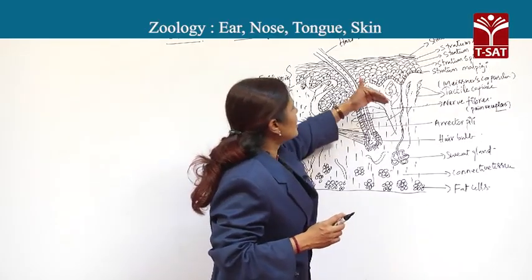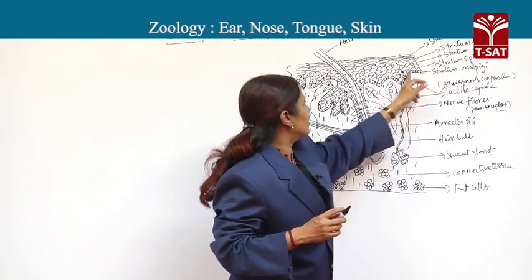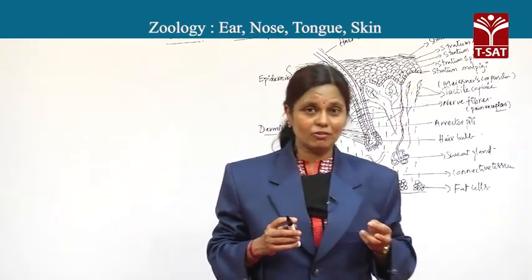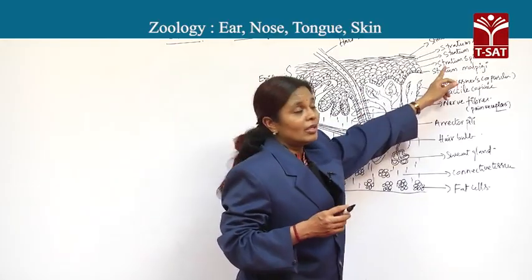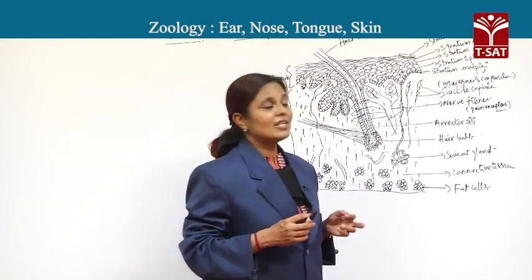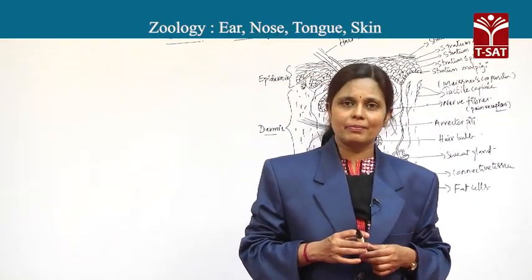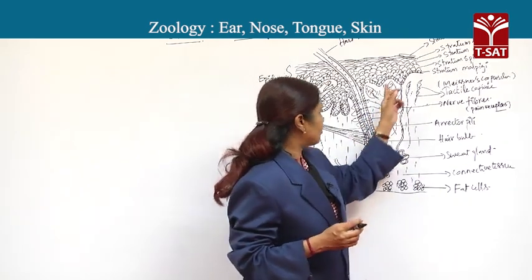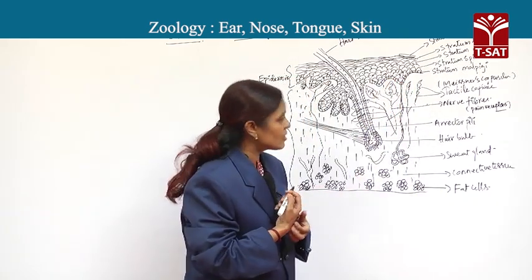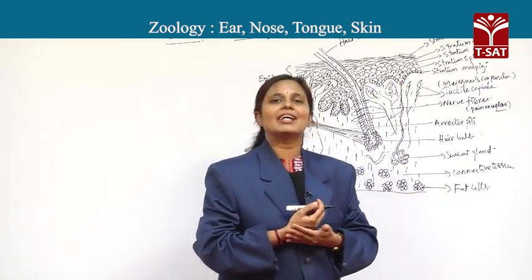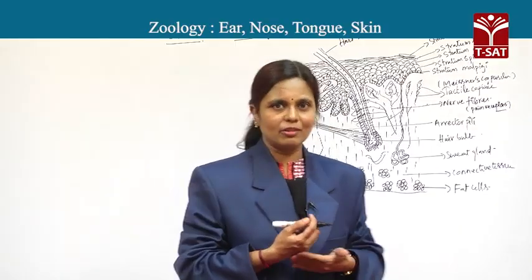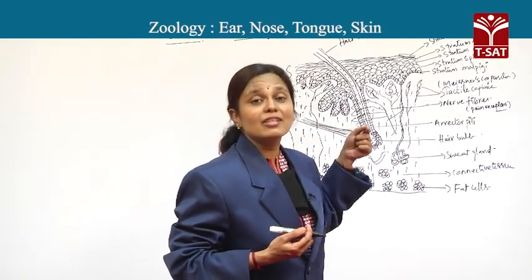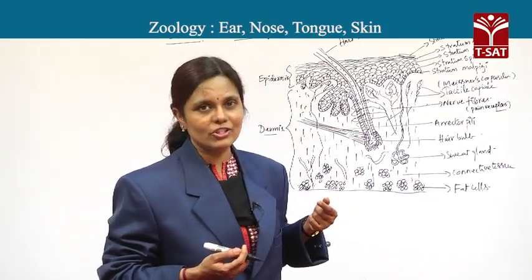Next, above this germinativum, you find around 6 to 7 layers of polyhedral cells together called stratum spinosum. Why the name spinosum? Because different cells of this spinosum are interconnected with one another by pointed spine-like cell junctions.